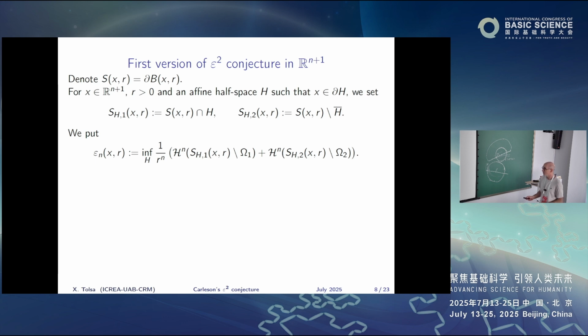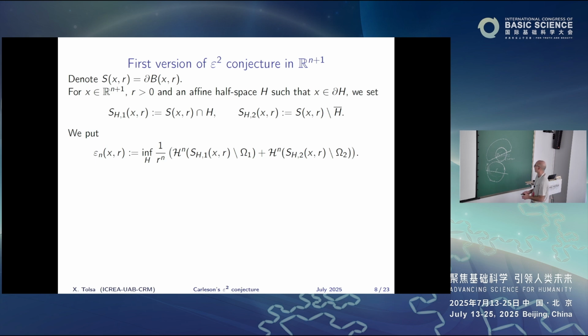And then we consider this quantity. We take the infimum over all half spaces satisfying these conditions of this quantity, 1 over r to the power n, and here we put the Hausdorff measure of this half sphere minus omega 1, and here we measure the Hausdorff measure of the other half sphere minus omega 2.